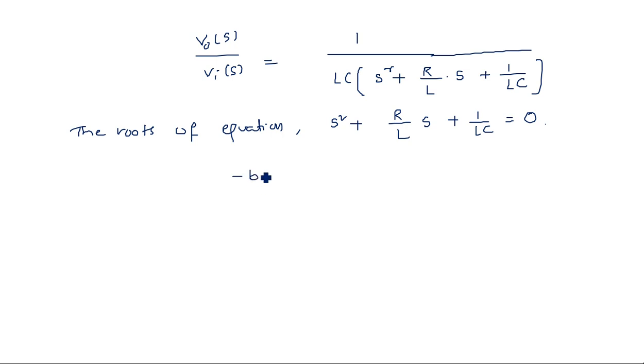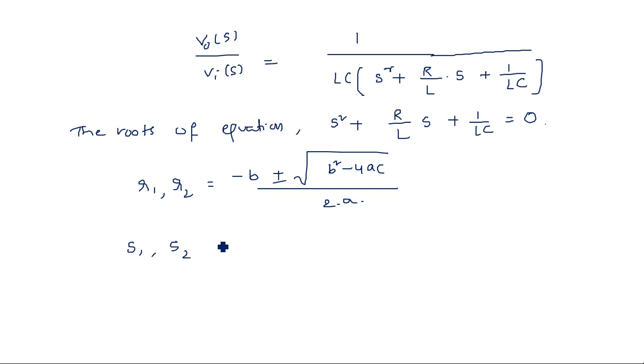How many roots are there? Like r1, r2, two roots are there because the order is 2. Minus b plus square root of b square minus 4ac divided by 2a. Similarly, take the two roots s1 and s2: minus b minus square root of b square minus 4ac, with b equal to R by L.